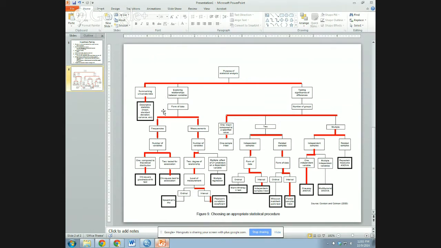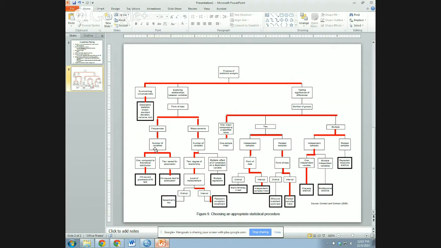Are we going to explore frequency, or are we going to explore measurements? There are two different types of relationships between variables: relationships between categorical variables and relationships between continuous variables. So here we have relationships that are frequency based, that are categorically based.